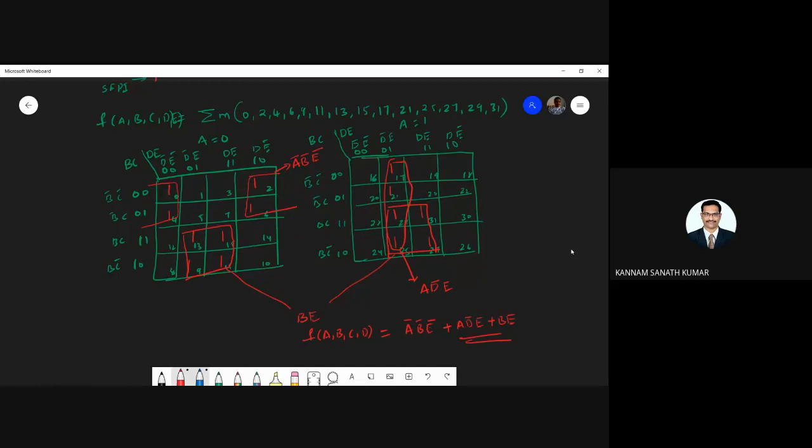In this example, you got an octet by combining two quads. An octet eliminates three variables. So here A is eliminated, and next C and D are eliminated. You got this expression. These are the examples of a 5-variable K map.